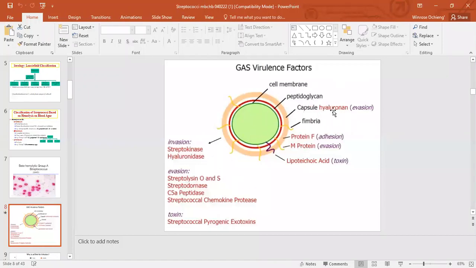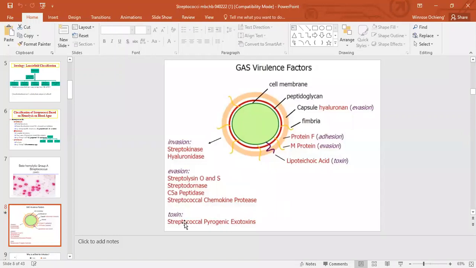We have the capsule, with the hyaluronan, which helps them to evade the immune cells. For invasion, to be able to invade our cells and tissues, they have streptokinase and hyaluronidase. These are the virulence factors they use. We also have streptolysin O and S. We'll be able to see all these.